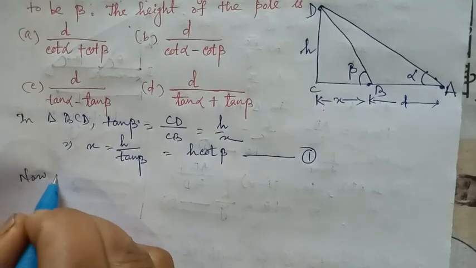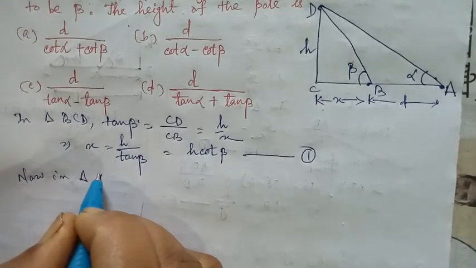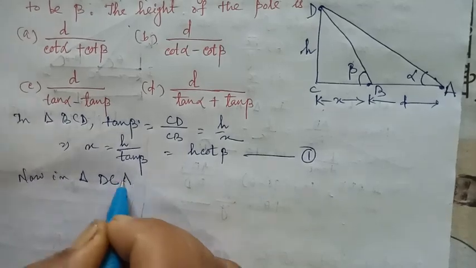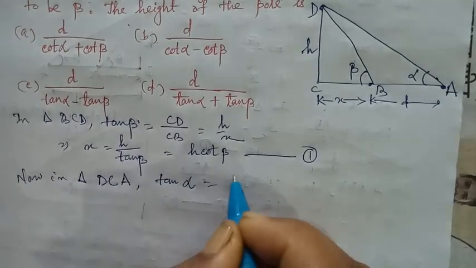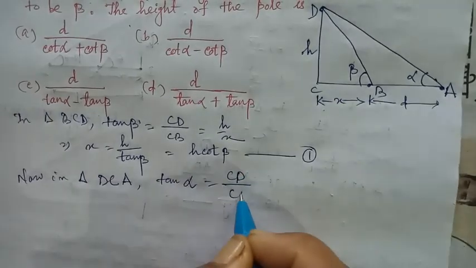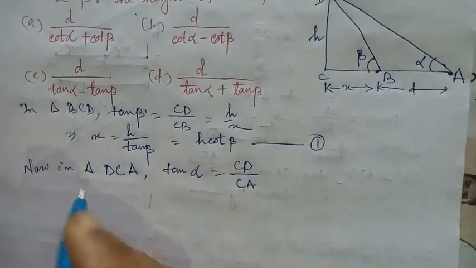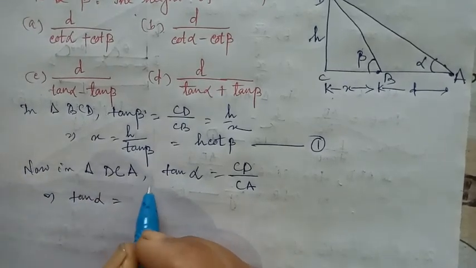Now in triangle DCA, tan of alpha is equal to CD upon CA. Okay, that implies tan of alpha, CD is how much?